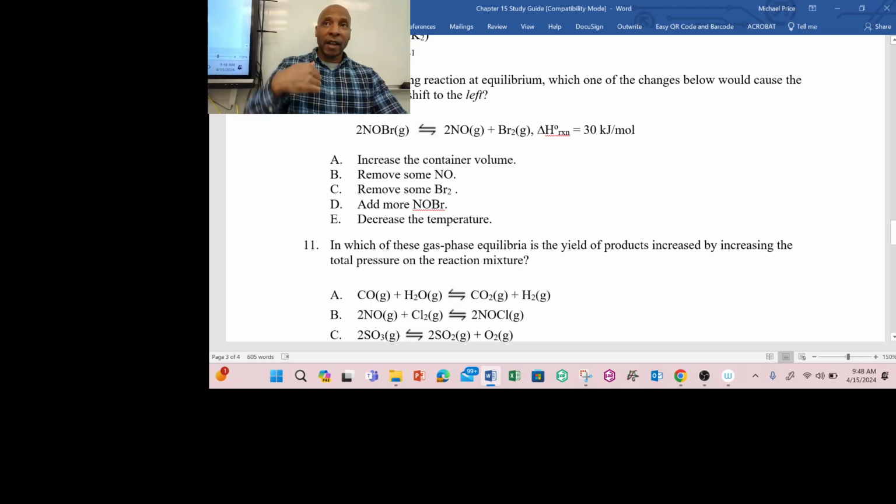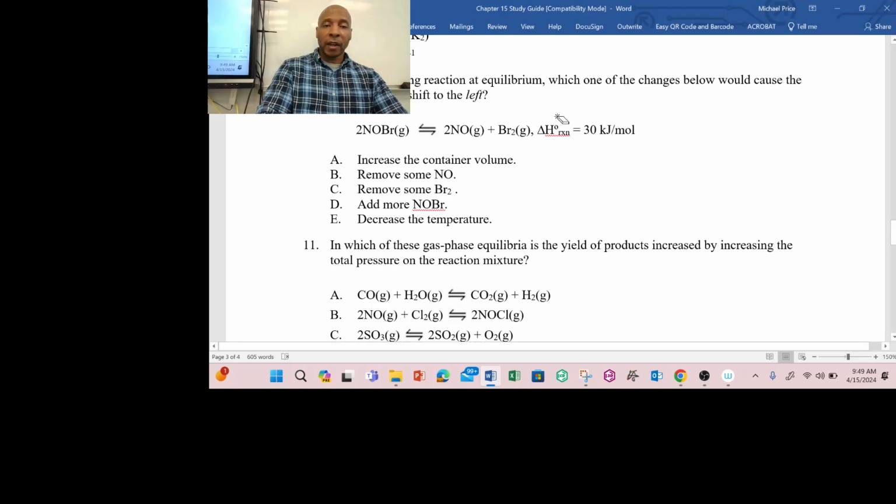To counteract what I did. Le Chatelier's principle says the system is going to try to counteract whatever you do to it. So it's going to shift to the side with more moles of gases.